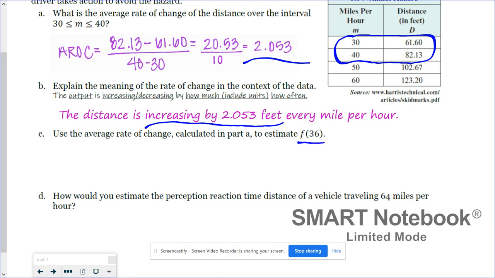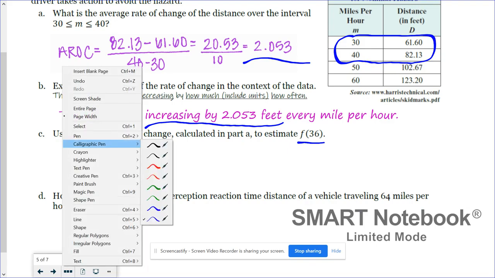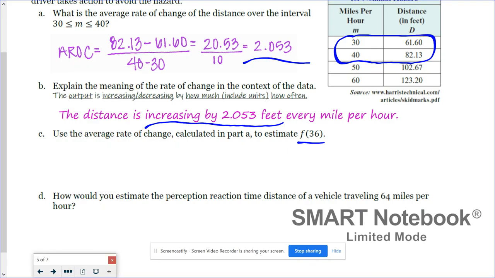Well, 36 miles per hour isn't on the table, but it is somewhere in between the 30 and 40 mile per hour range, which means that the distance at 36 miles per hour is somewhere in between 61.6 and 82.13 feet. I know it's somewhere in between there.